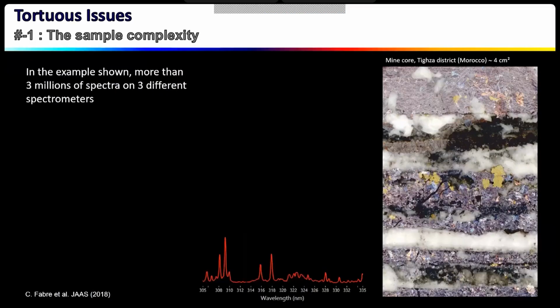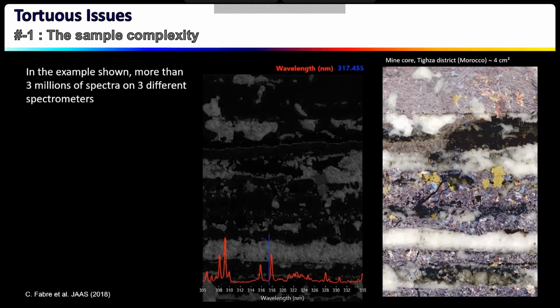And here there is another example where you have 6 mineral phases. There is a small video I have to explain before starting. What you have here is the average spectrum of all these analyses. When I activate the video, you will see a cursor that moves to the right and the image in the background will correspond exactly to the wavelength of the cursor, to show you the complexity, in fact, spectrally.